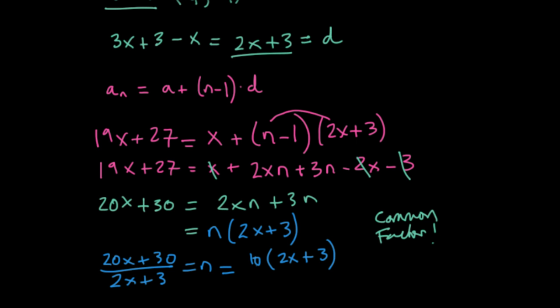If I multiply 10 by this, I'm going to get that, right? Divided by 2x plus 3, and now we can divide top and bottom by 2x plus 3, and I get 1 when I divide that by that. The 1 times 10, I don't have to include it, I just get an answer of 10. So my answer for n is equal to 10, and that's the end of the question.